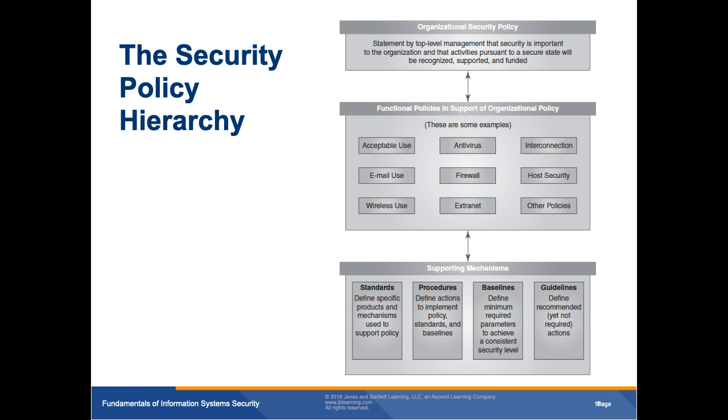Then you have the functional policies in support of the organizational policies. These are the actual policies, right? So you've got to have the top level management buy-in to security. Then you actually have your policies, right? So your acceptable use, firewalls, other policies, right? And then the supporting mechanisms are your standards, your procedures, your baselines, and your guidelines.